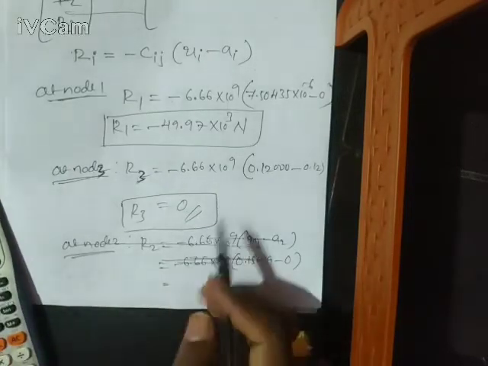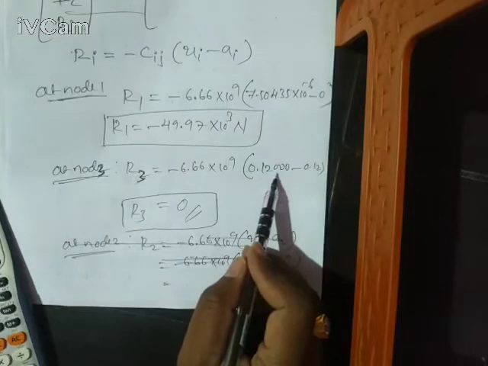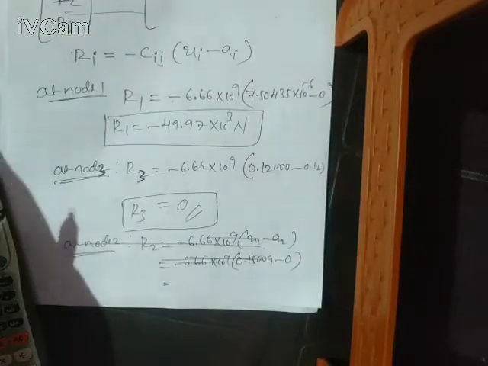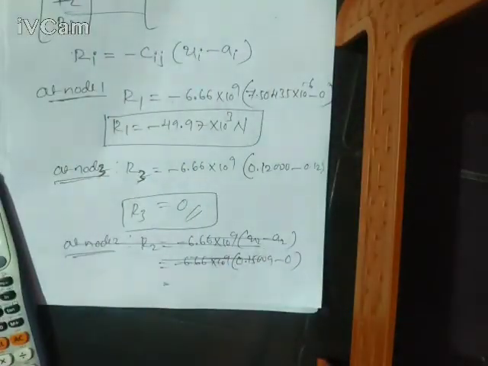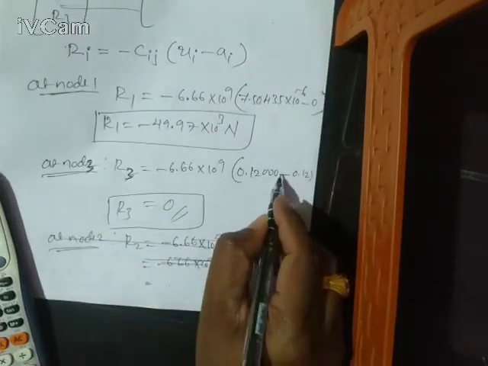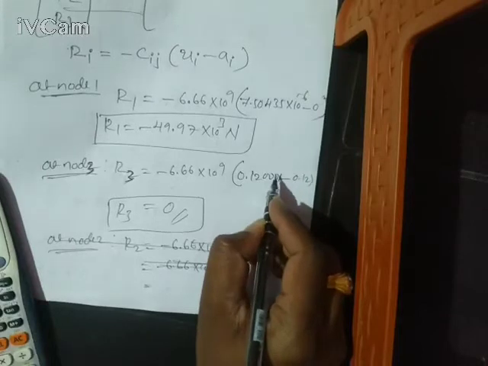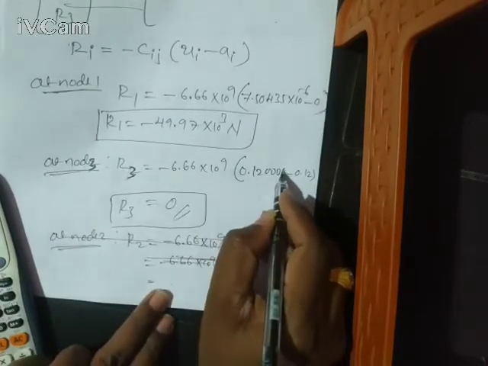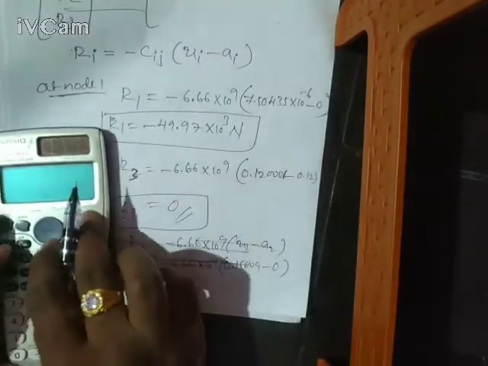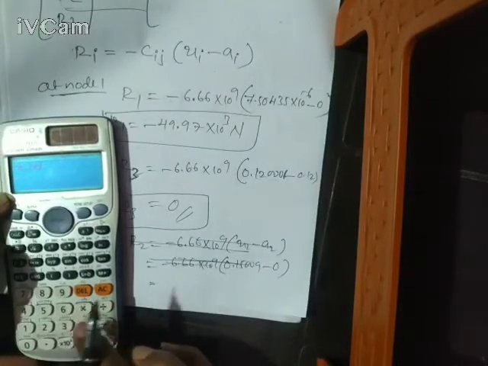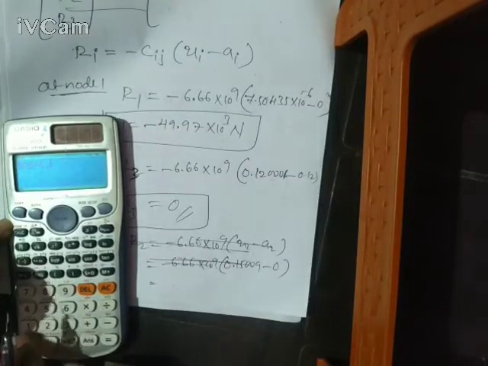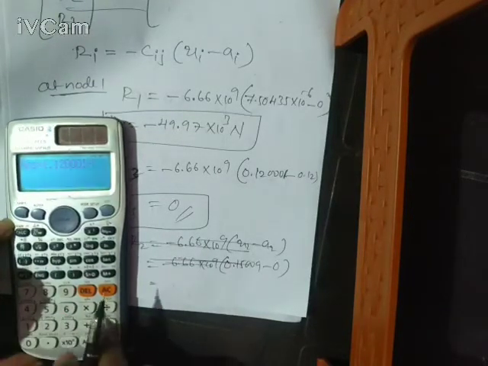Yes, here friends, I think I will take one more decimal. The displacement u2 value I have got is 0.12001. If you solve using the calculator, you will get this value. Now I am going to solve this: minus 6.66 into 10 to the power 9 into (0.12001 minus 0.12).